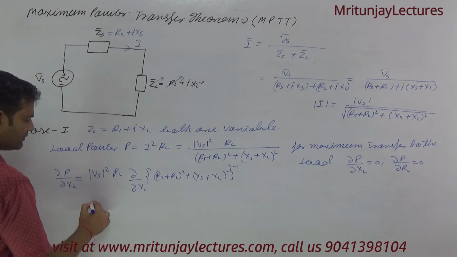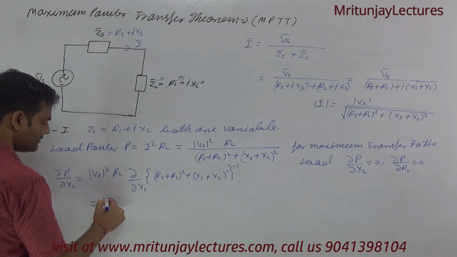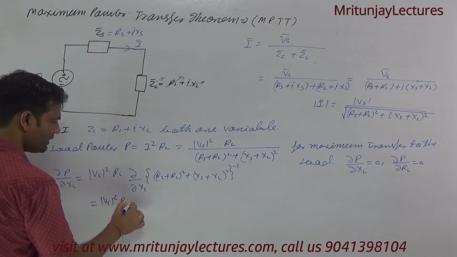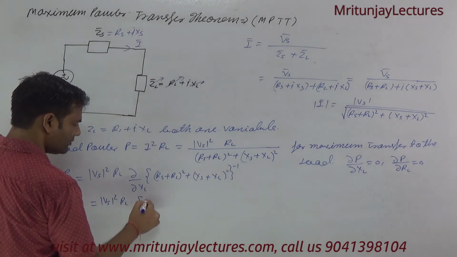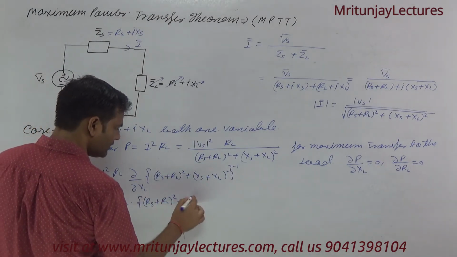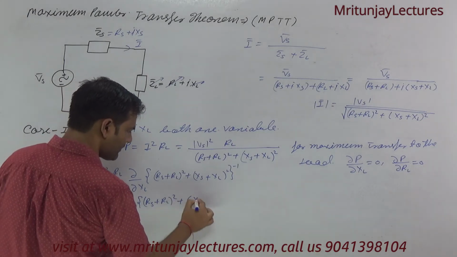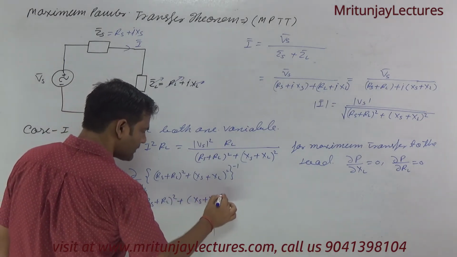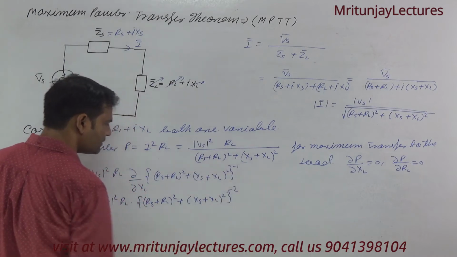Now that is Vs square into RL, Rs plus RL to the whole square plus Xs plus XL to the whole square, to the power minus 2.